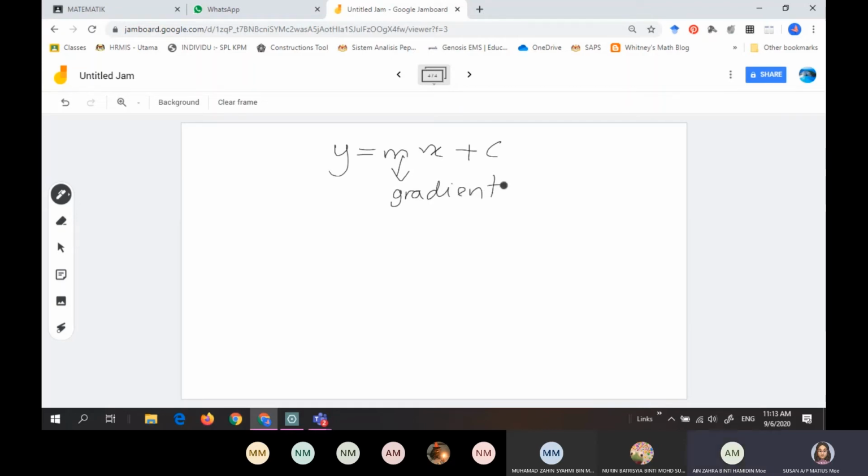So we have two options. There is another way to find gradient, using the formula which is negative y-intercept divided by x-intercept.